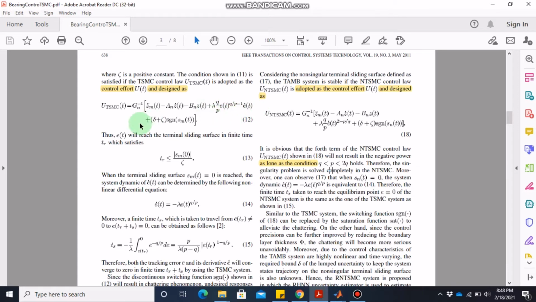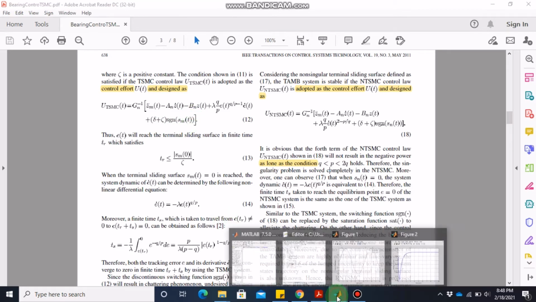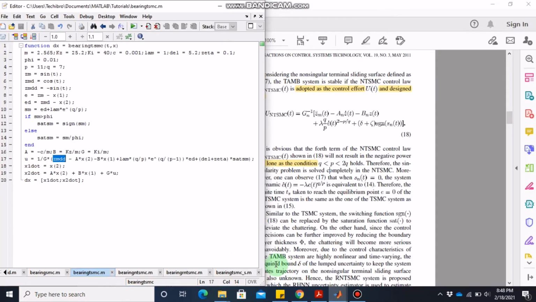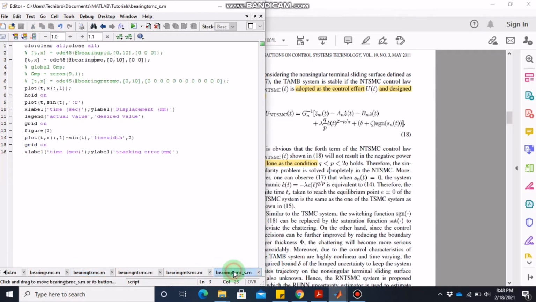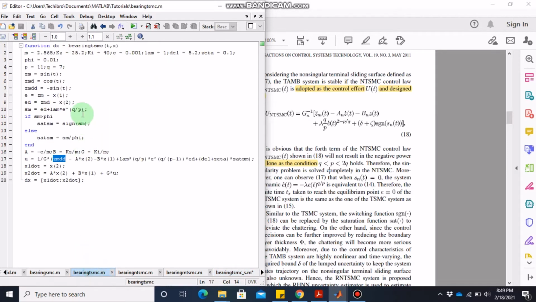So this terminal sliding mode control is a little bit more complex compared to the simple sliding mode control, but anyway, we can run this. Instead of SMC, we run TSMC, because the file name of the terminal sliding mode is bearing TSMC.